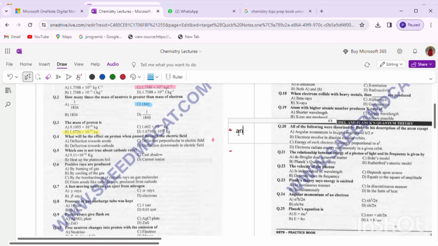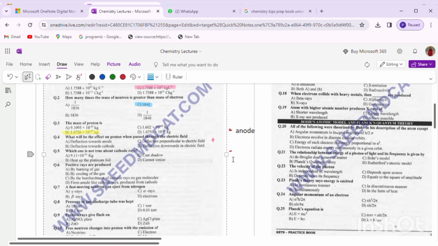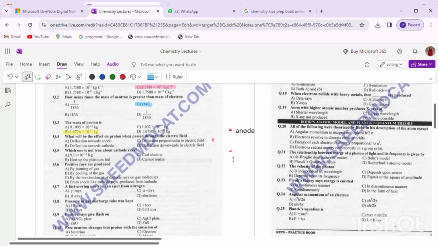So this is the anode, and this is the cathode. A positive charge, we know, won't go to the anode, right?